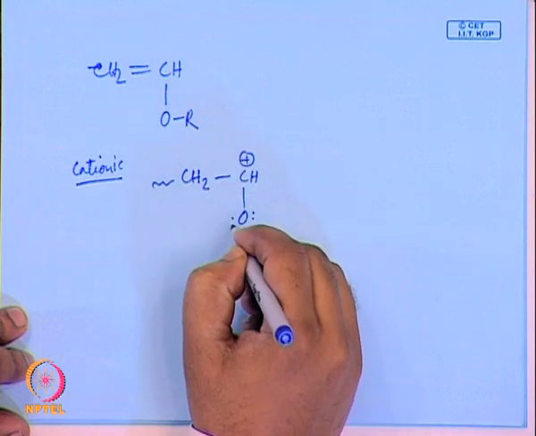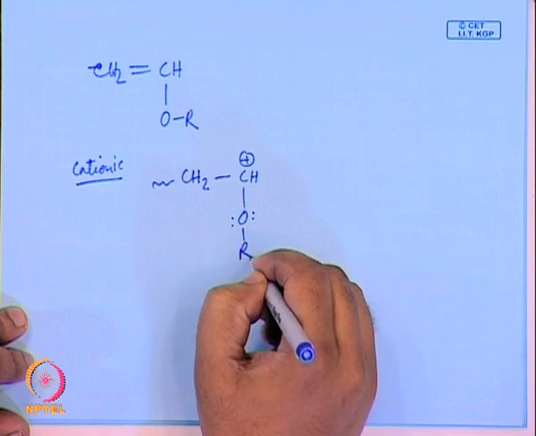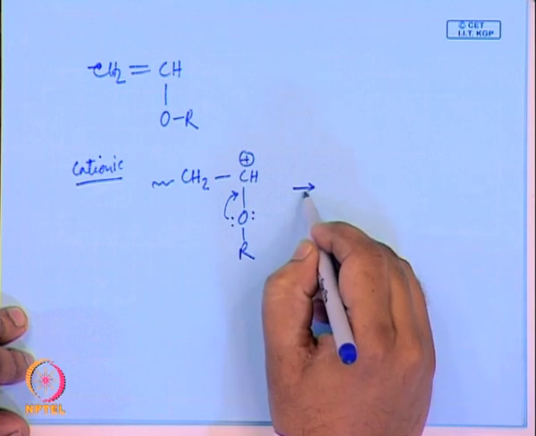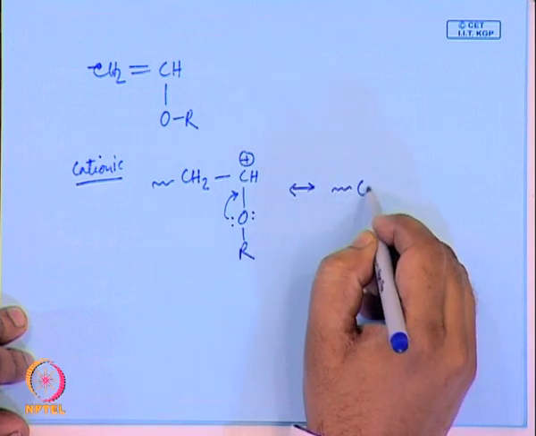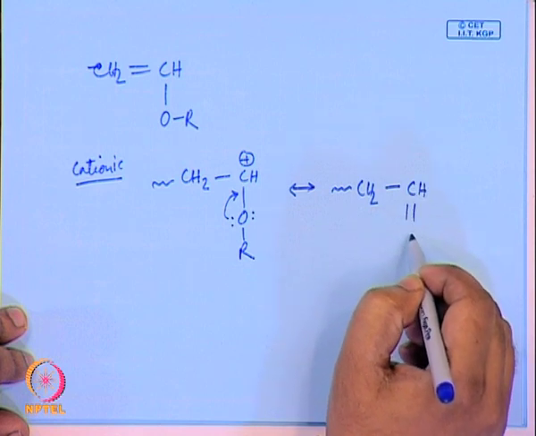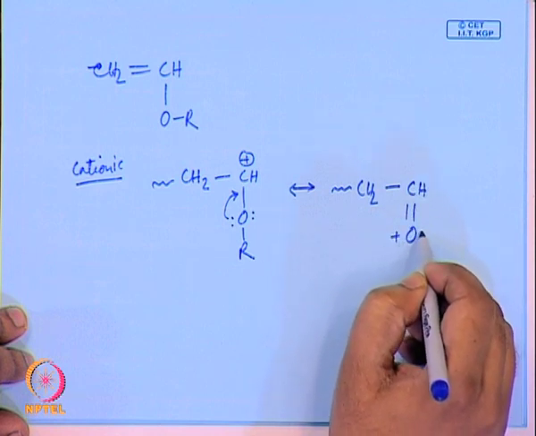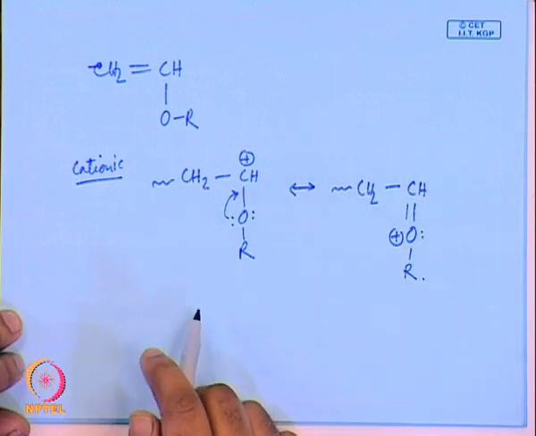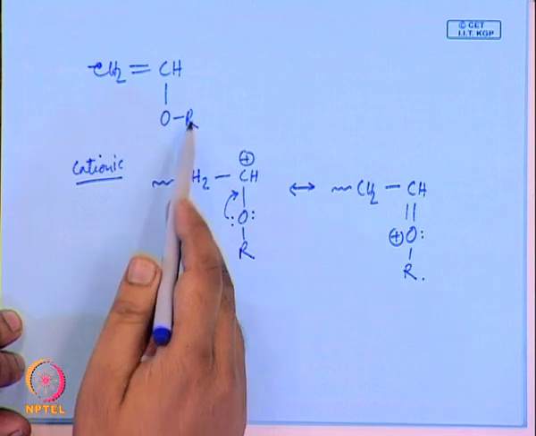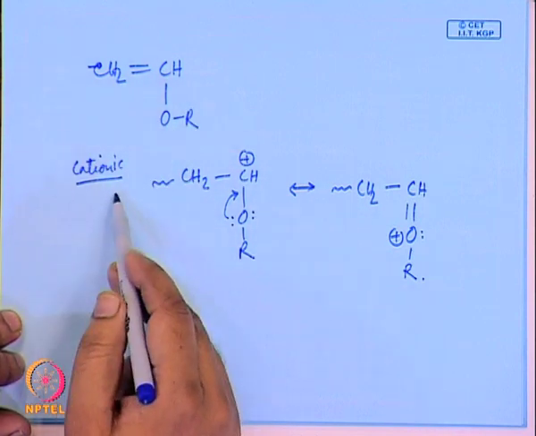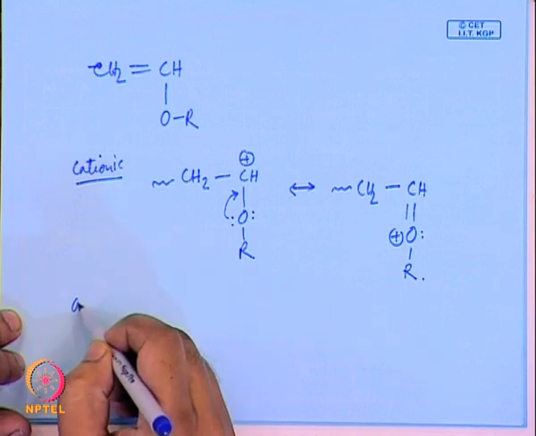Now again this can be stabilized by resonance like this. So, if you have a monomer like this, then it can be polymerized by cationic species.